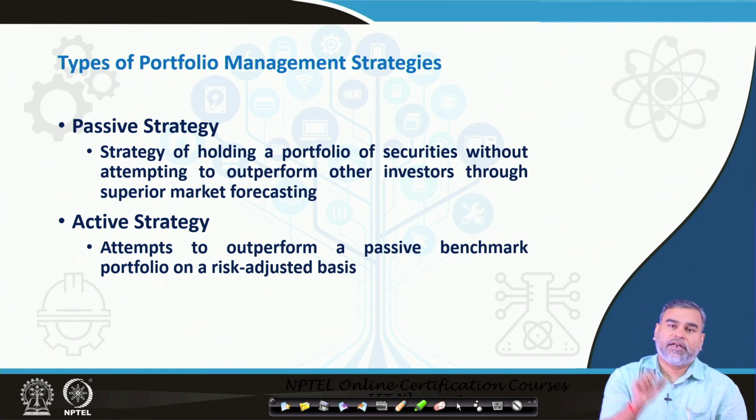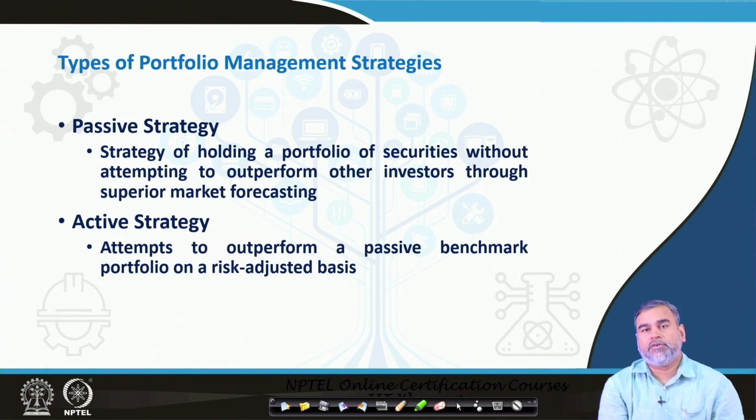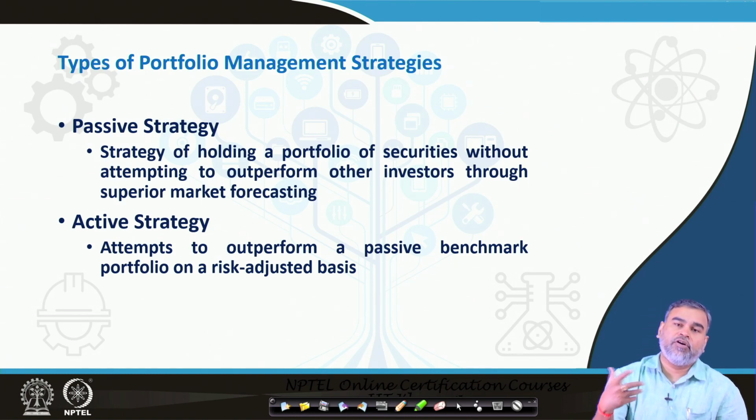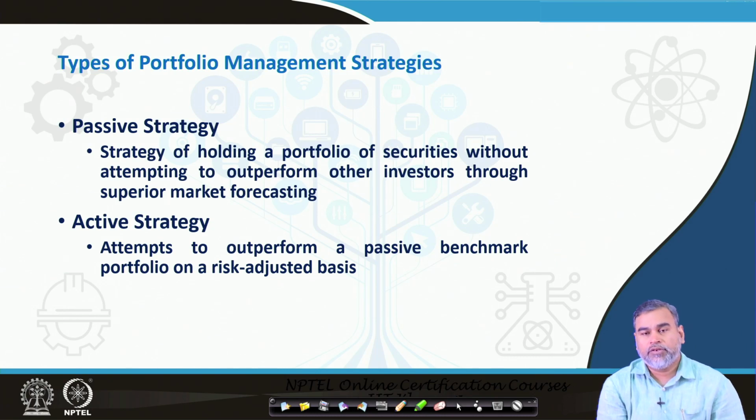Because we have a benchmark whenever we invest, we have a target, and the target can be decided on the basis of the benchmark. Say the bank is investing in the bond market. There are different types of bond indices available. The bank will look at how much return the bond index is giving.